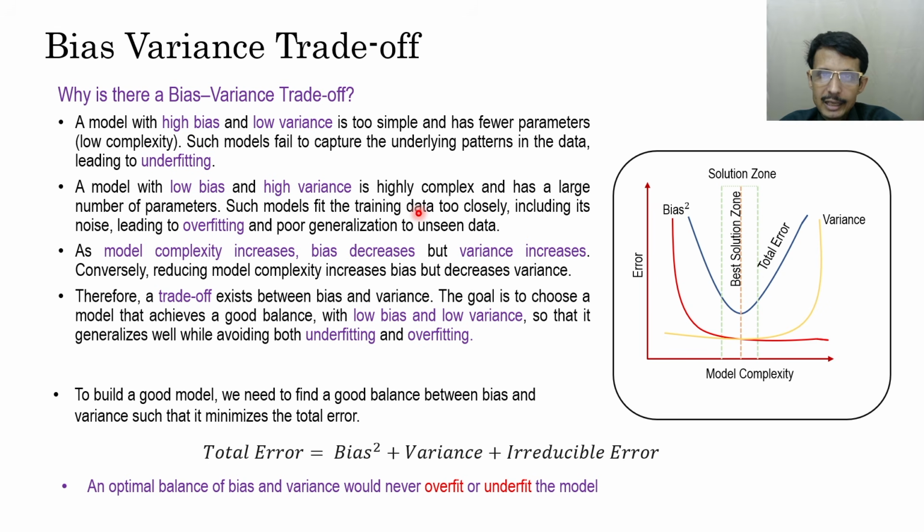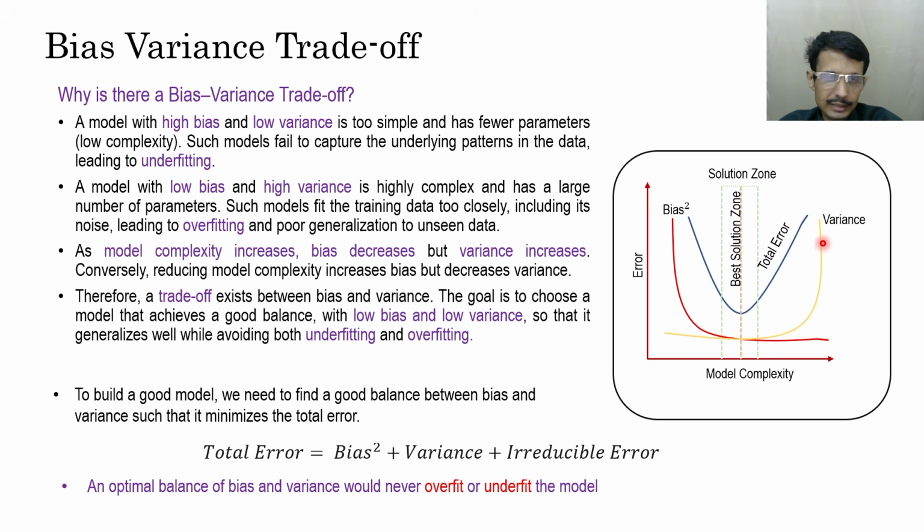Such a model fits the training data too closely, including its noise, and may lead to overfitting and generally have poor generalization. So here high bias is not good, that is the underfitting area. High variance is also not good, that is overfitting.